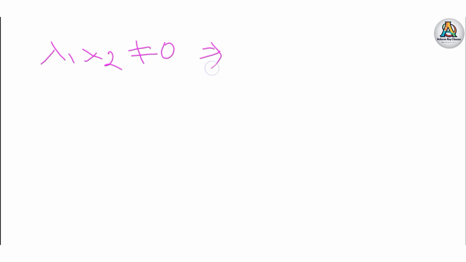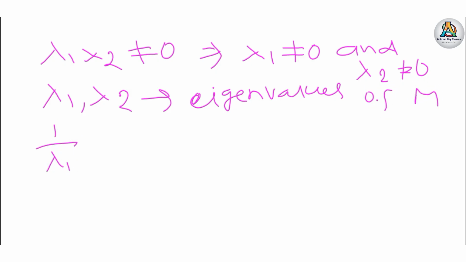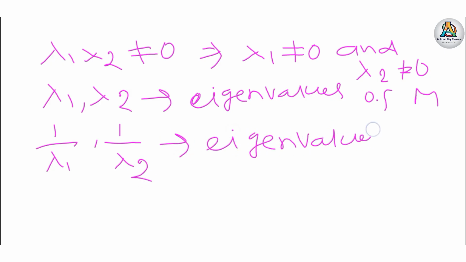This implies lambda 1 is not equal to 0 and also lambda 2 is not equal to 0. So if lambda 1, lambda 2 are the two eigenvalues of M, then 1 by lambda 1 and 1 by lambda 2 are the eigenvalues of M inverse. Since both lambda 1 and lambda 2 are not equal to 0, this must be defined.